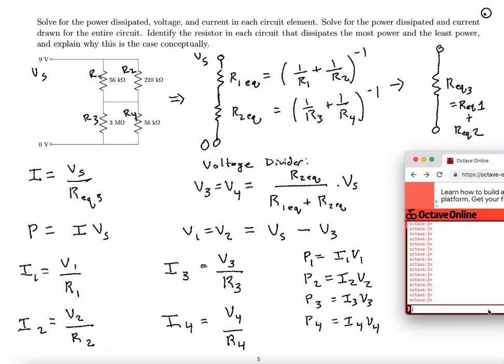Okay, I'm just going to type in all the quantities, throw in all the equations, and then just output all the results. First, R1, which is 56 kilo ohms. R2 is 220 kilo ohms.